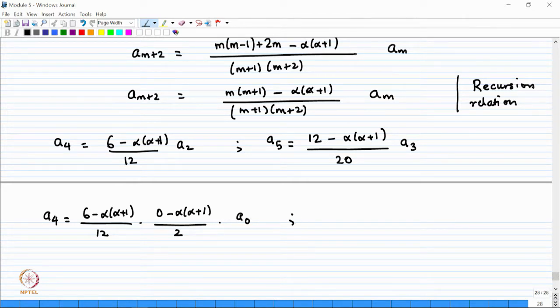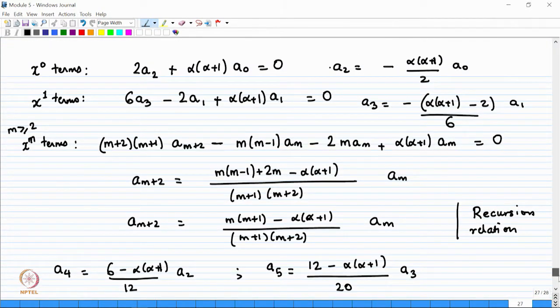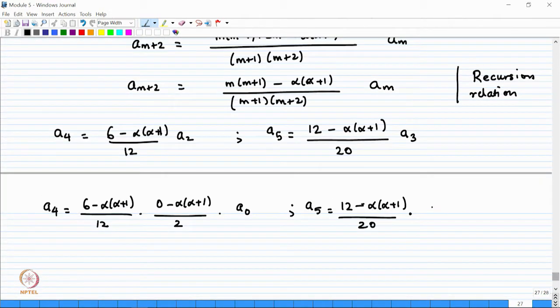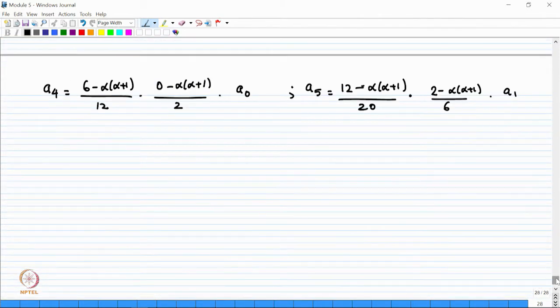And I can write a_5 as (12 minus alpha plus 1) divided by 20 times, for a_3, the expression that I had before, (2 minus alpha plus 1) by 6 times a_1.